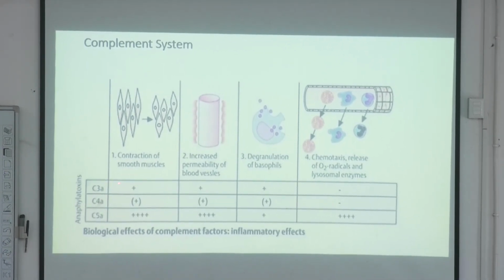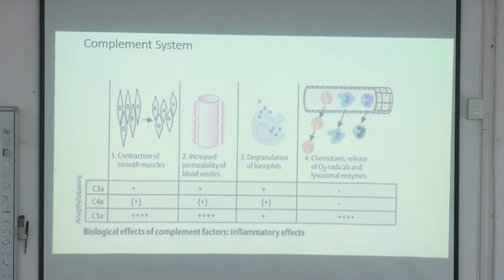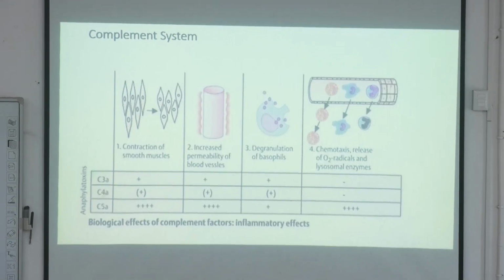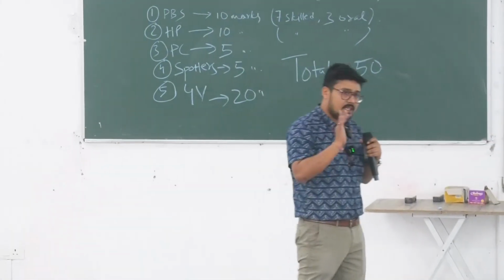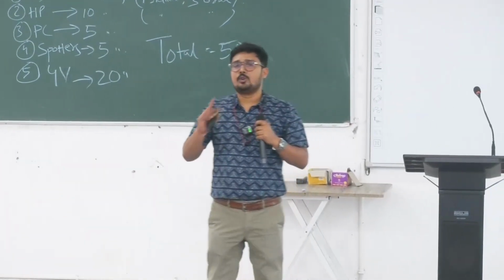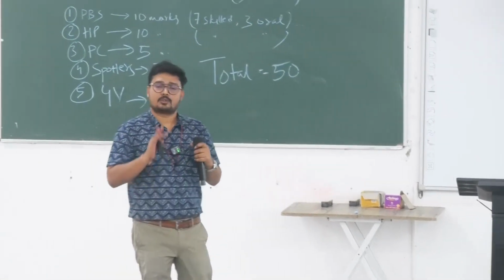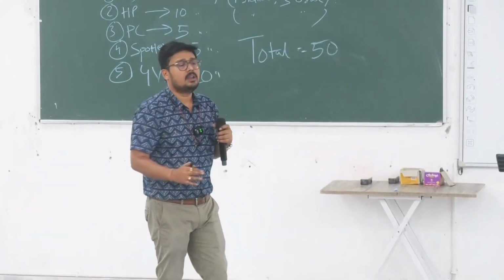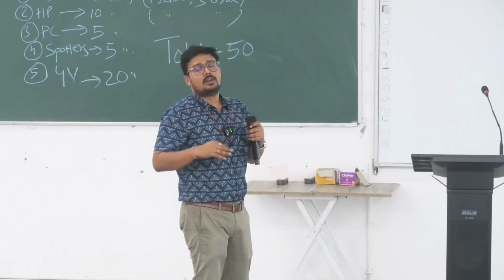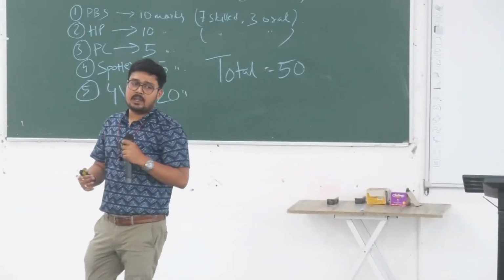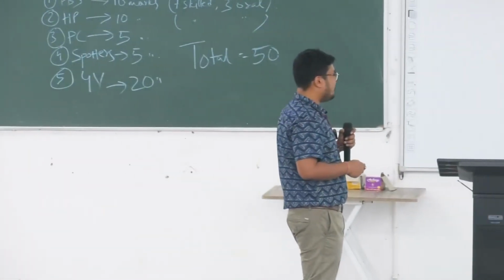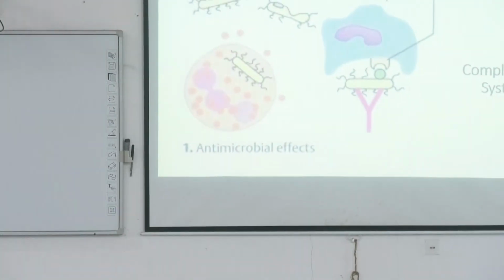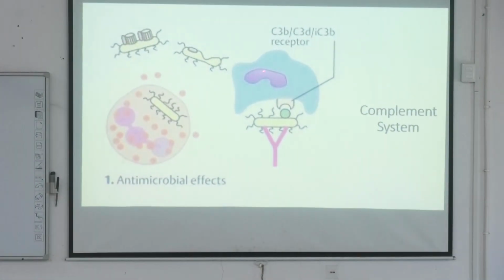C3a, C4a and C5a are collectively known as anaphylatoxins, as they initiate the process of anaphylaxis. Among them, C5a is the most potent to mediate various actions like increasing vascular permeability, vasoconstriction, superoxide free radical mediated injury, chemotaxis, degranulation of basophils, etc. So, this is the membrane attack complex.